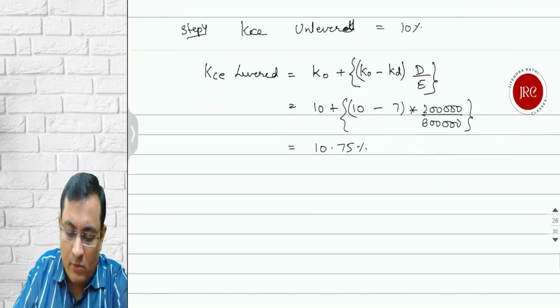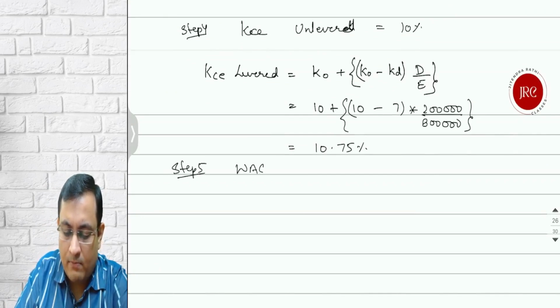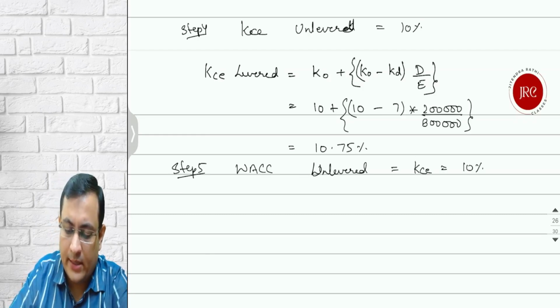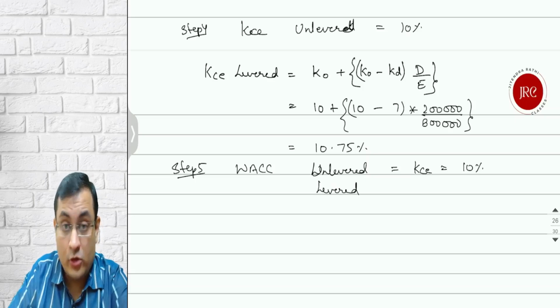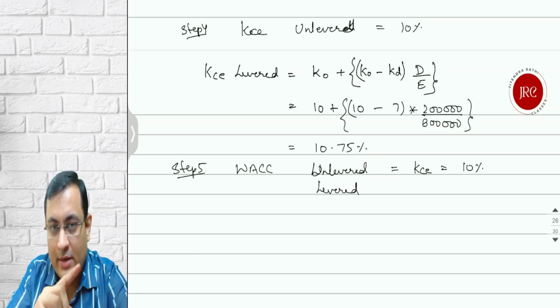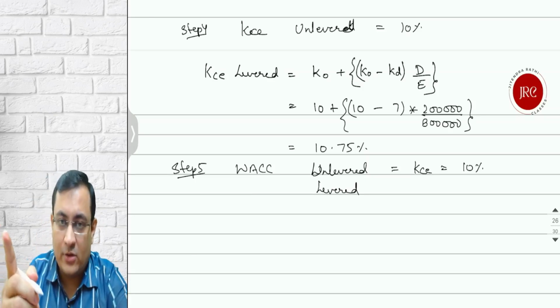So next, calculation step number 5, WACC. In case of unlevered, WACC is nothing but KCE, which is equal to 10%. But in case of levered, it should also be 10%, because your advantage of debt will be exactly offset by the increasing cost of equity.